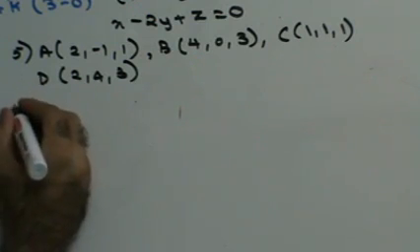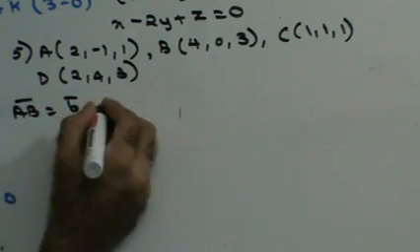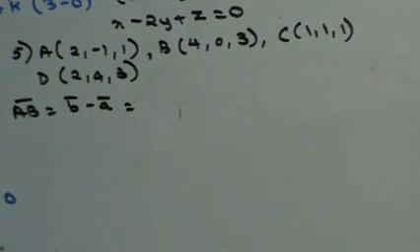Now, take one point to be common. First, let's find out, say, AB vector. AB vector will be nothing but B vector minus A vector. These points are coplanar, I have to prove that they are coplanar. They've given you 4 points. I have to prove that these points are coplanar.